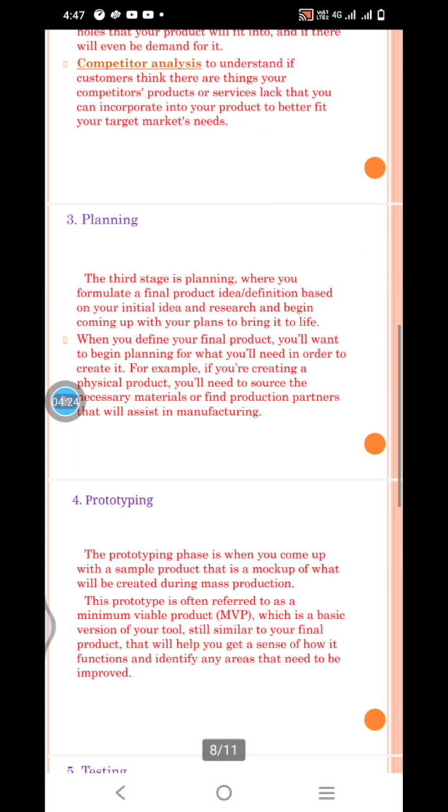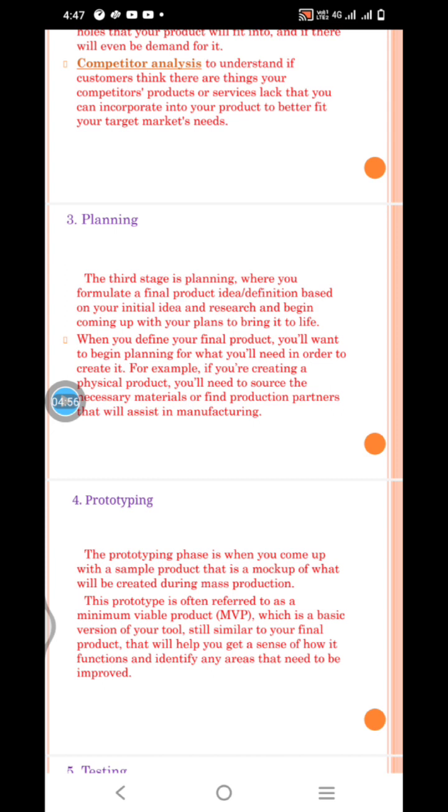When you define your final product, you will want to begin planning for what you will need in order to create it. For example, if you are creating a physical product, you will need to source the necessary materials or find production partners that will assist in manufacturing.